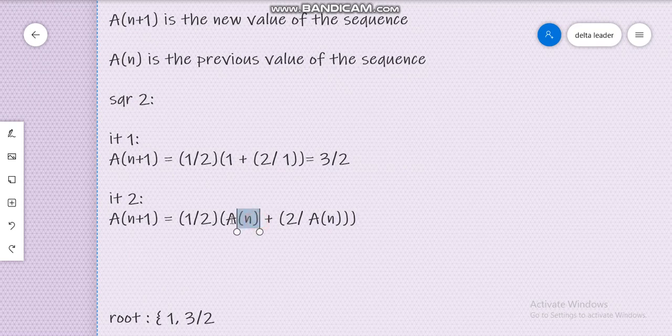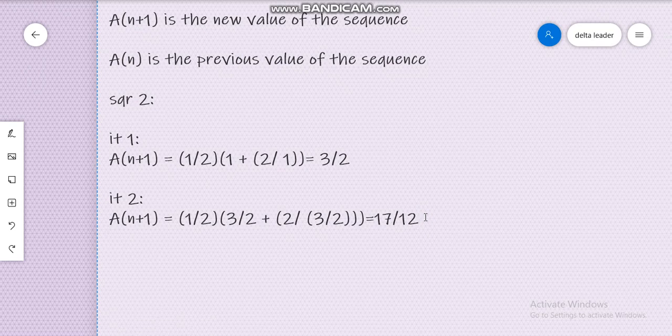So wherever there is a_n, it becomes 3/2. We should do that and so on. After the calculation, our second iteration gives us 17/12.